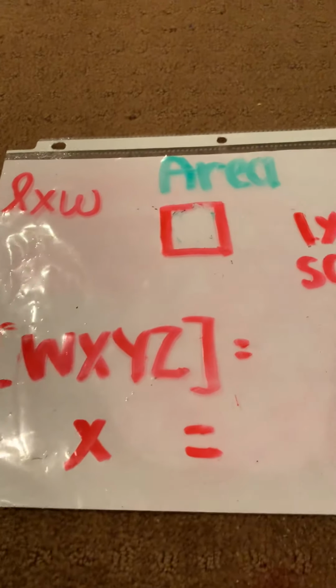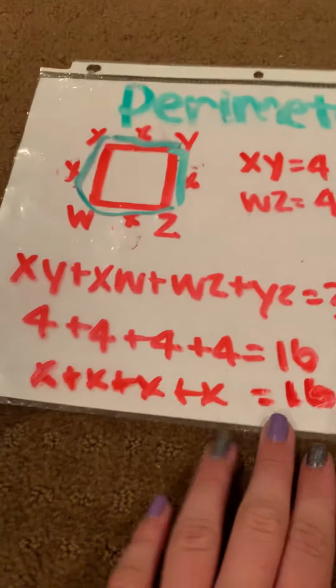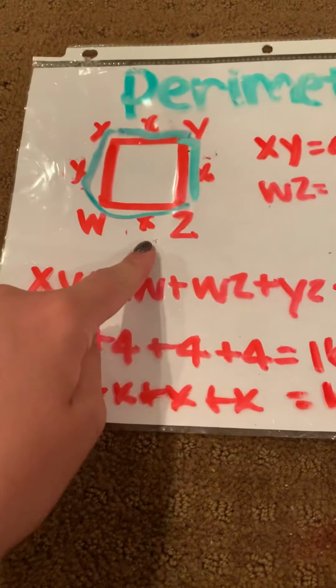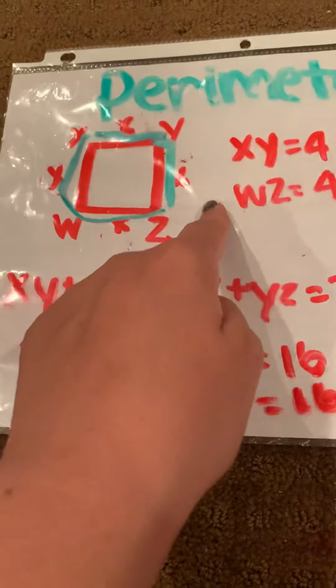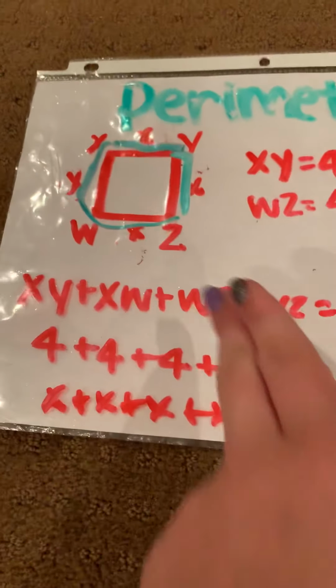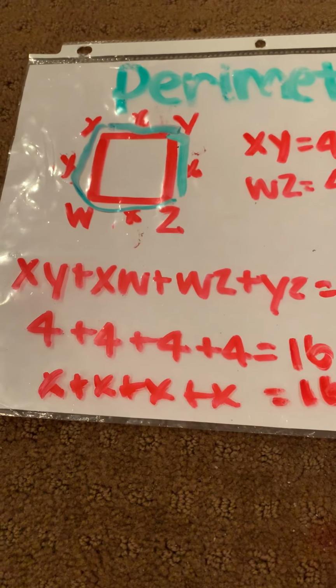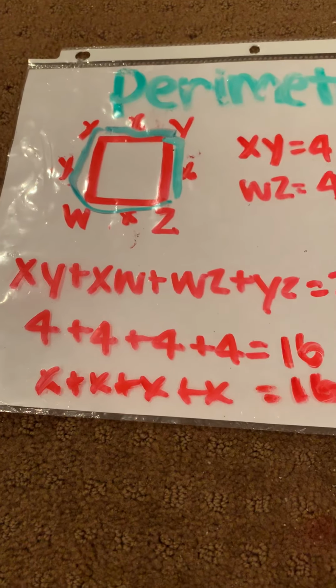So if we were to go back to our perimeter problems and say that we had, for example, our square, we had one side is 4, the other side is 4, we could multiply them together and get 16, which would be our area, which is surprisingly the same as our perimeter.